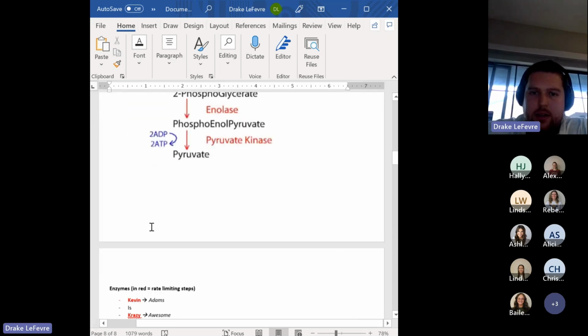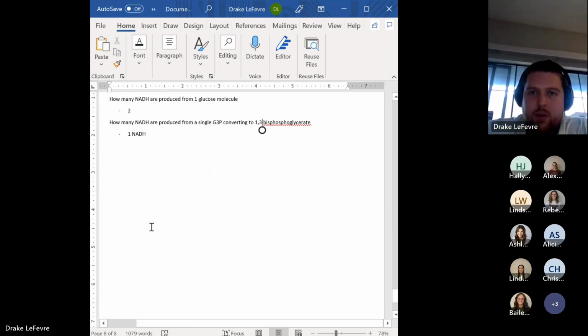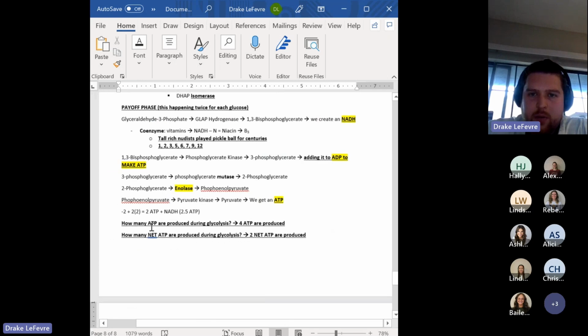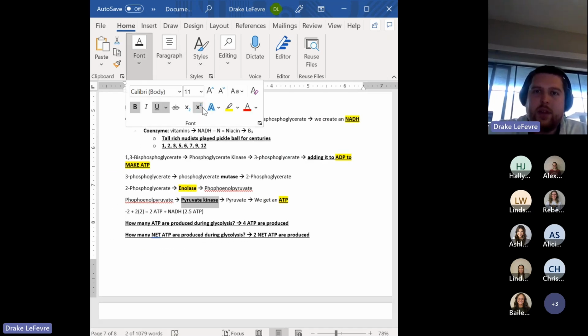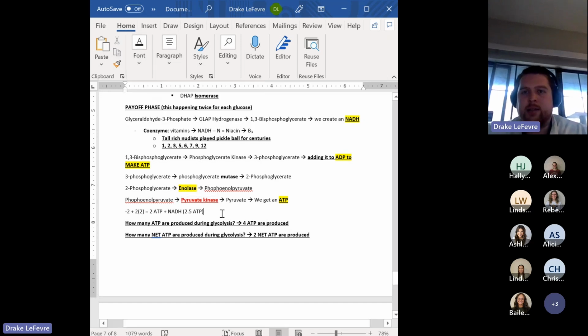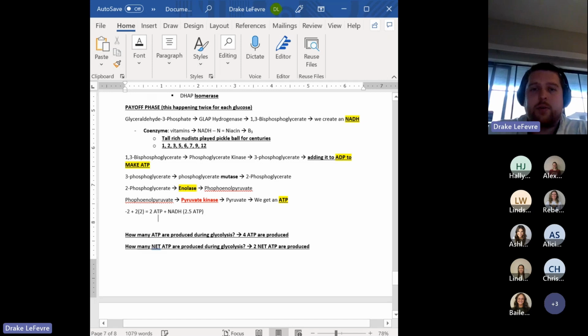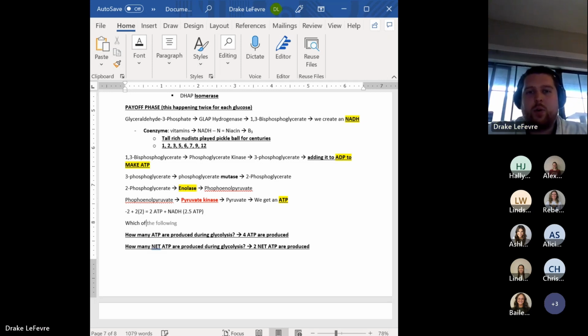Cool. Last thing, in the conversion of the pyruvate, this is another enzyme that you want to remember, the pyruvate kinase. This is another one of our rate limiting enzymes. He will, I promise you, have the question, which of the following are rate limiting enzymes in glycolysis?